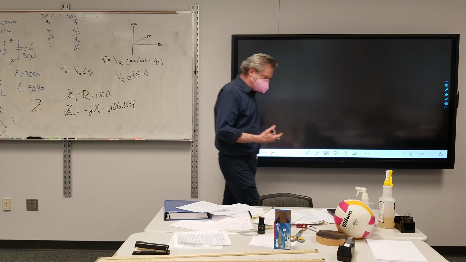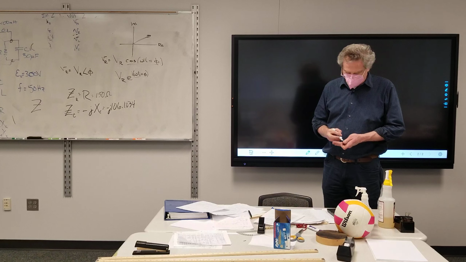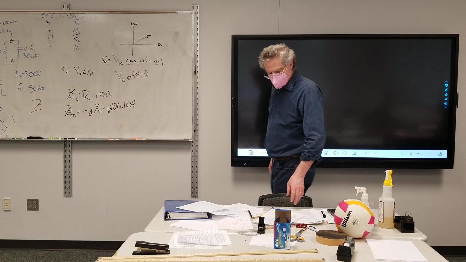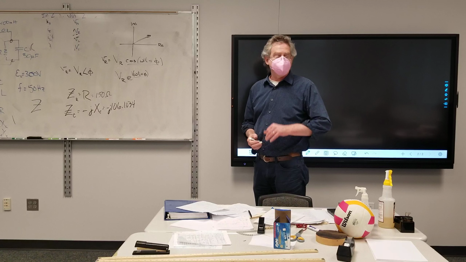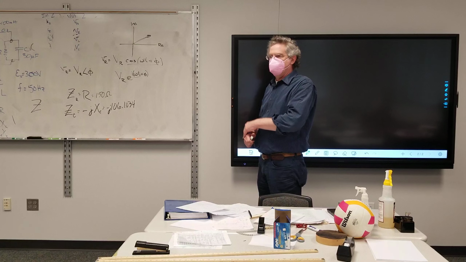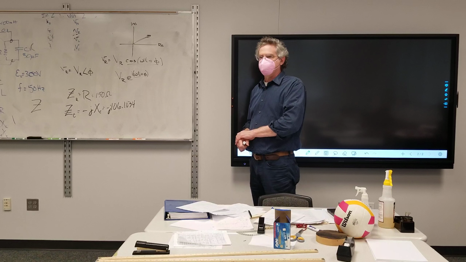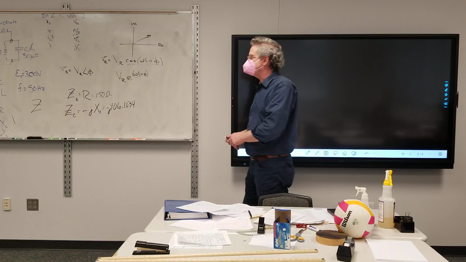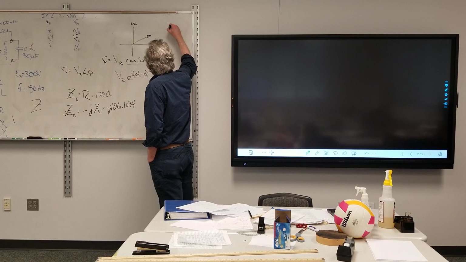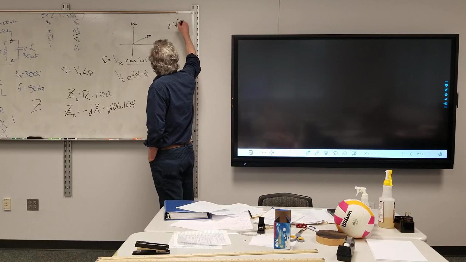Now, j in this technique is the square root of -1. I assume most of you are used to lowercase i being the square root of -1, but we're using lowercase i for current, so it might get confusing if I use i for two things. So j is the square root of -1.